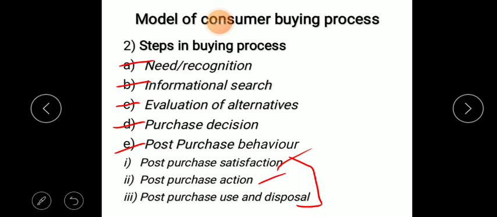Or if they are not satisfied, then they also tell about the product and the seller in a negative way in the form of reviews. So such things may happen as post purchase action. And lastly, it may also be post purchase use and disposal. How are they going to use the product, and how are they going to dispose of the product? So these are the three things that may happen in this.